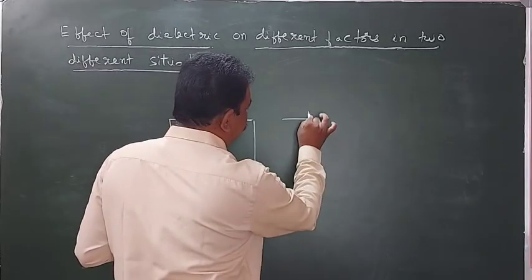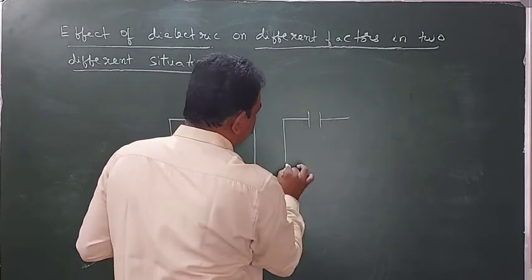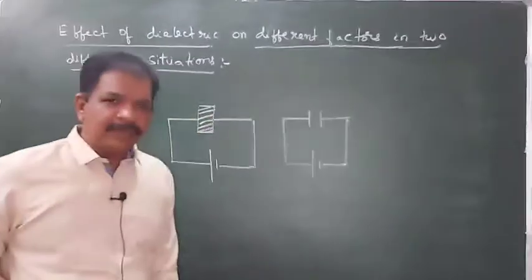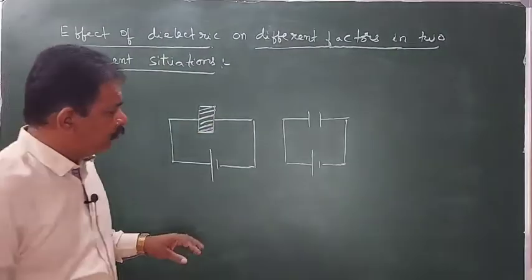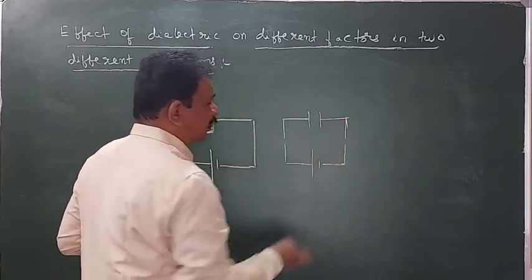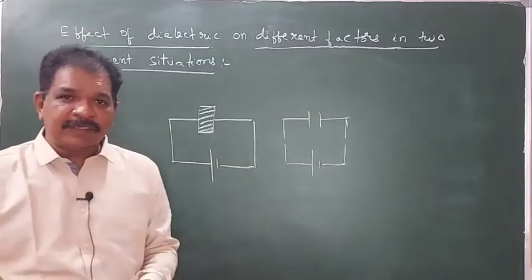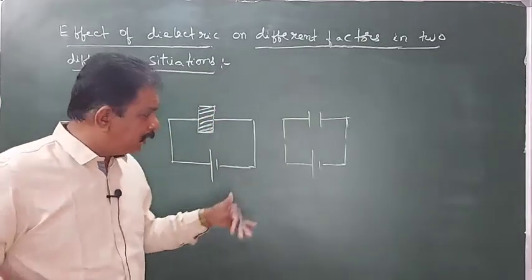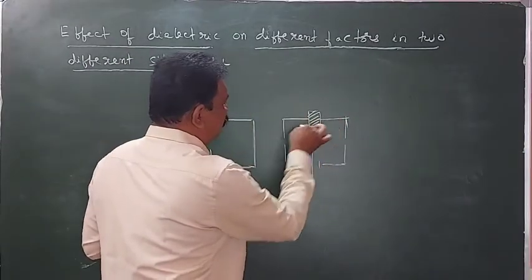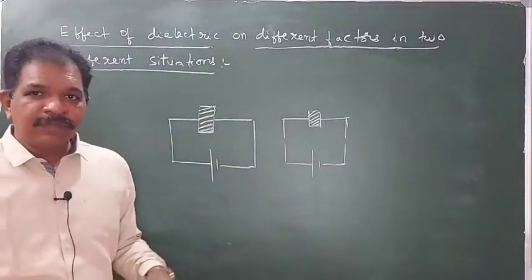This is the capacitor. It is charging with the help of a battery. Now, by disconnecting this battery, capacitor in the charged state. Now, by disconnecting the battery, we introduce a dielectric here.